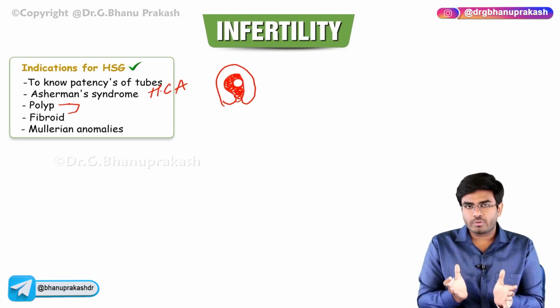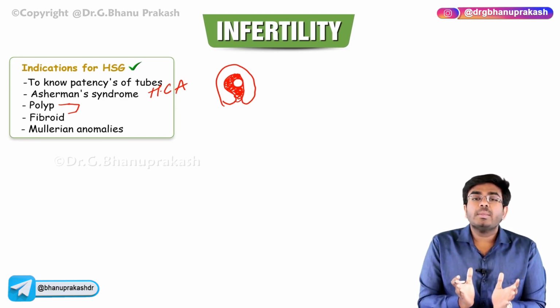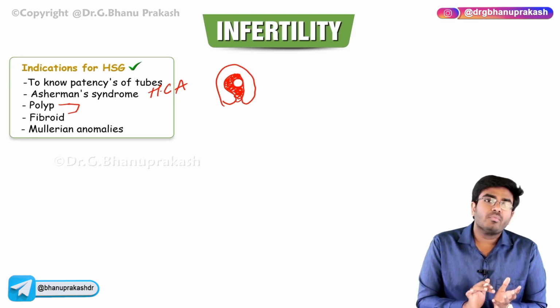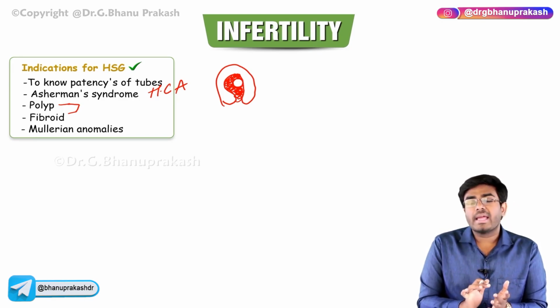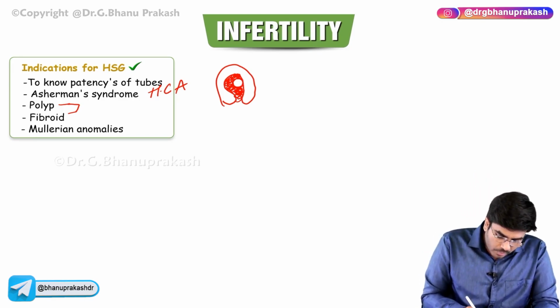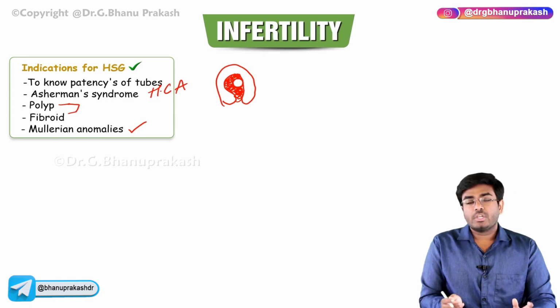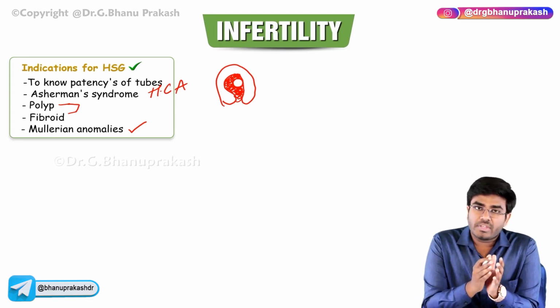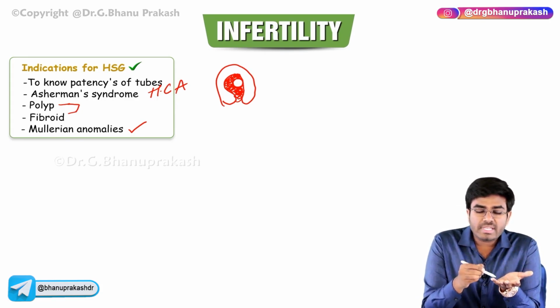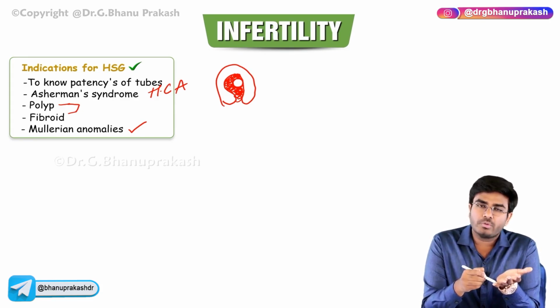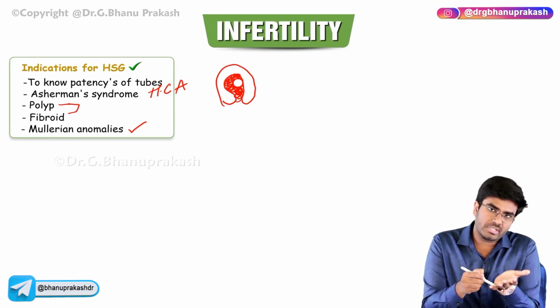What I am trying to put into your mind is, you can know if there is any problem in the uterine cavity like polyp or fibroid or Asherman syndrome. For example, if there are any Mullerian anomalies, in the topic of congenital anomalies of the uterus, we have clearly seen the hysterosalpingographic appearance of bicornuate uterus, unicornuate uterus, septate uterus.